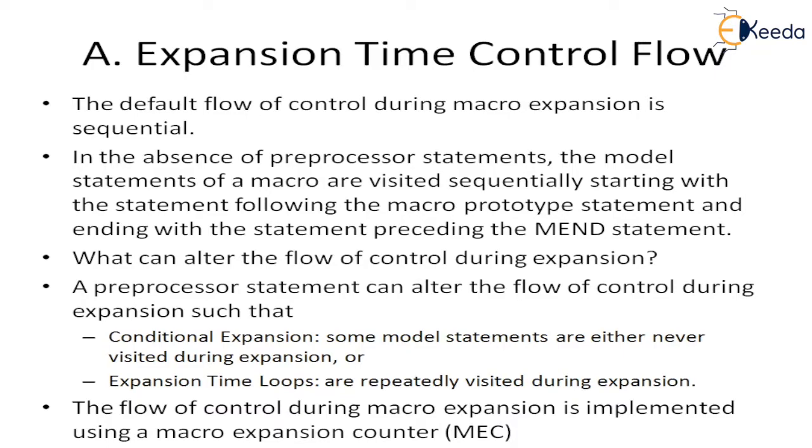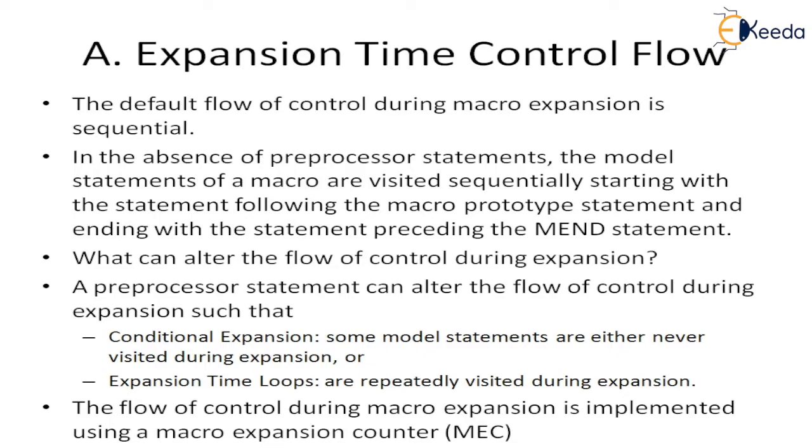First we look at the expansion time control flow. It is the default flow of control during the macro expansion and normally it is sequential. In the absence of preprocessor statements, the model statements of the macro are visited sequentially, starting with the macro prototype statement and ending with the MEND statement. Preprocessor statements can alter the flow of control during the expansion, which gives conditional expansion and expansion time loops.